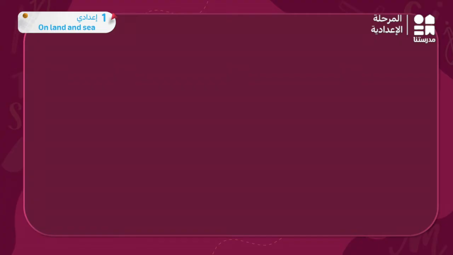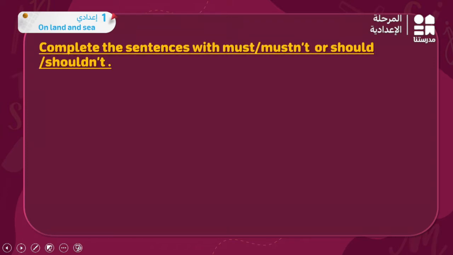It's advisable when I give you advice. Then shouldn't, also to give you advice but not to do something. It's better not to do this action or not to be in this situation. Okay, let's answer the question to check our understanding.